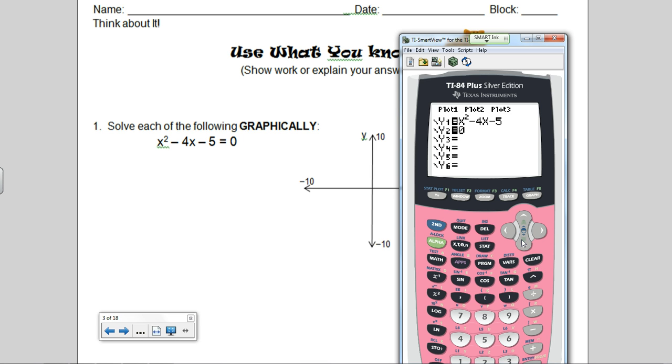Okay, and then don't forget that you really want to probably go over on the 84s anyways, go over to the end and bold the 0 line, because otherwise it's sometimes difficult to see. All right, now we'll press graph.